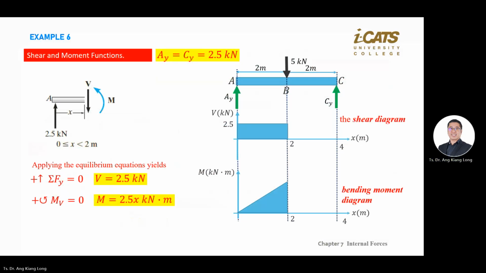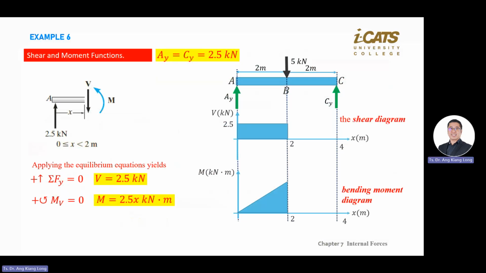Then you move to the moment. For the moment, you know that this is a linear graph, y equal to mx plus c. You should be able to draw the y equal to mx plus c line.